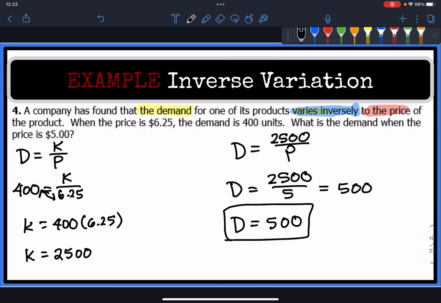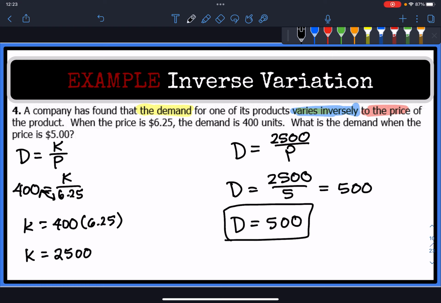And then there's a lot of different things we can do from this. We can look at how much it costs to produce this item. We can determine if it's cost efficient to sell them at $6.25 or keep them at $5, because we're going to make the same amount of money regardless, but is it going to be more cost efficient because of the shipping and all the other stuff that goes into this?